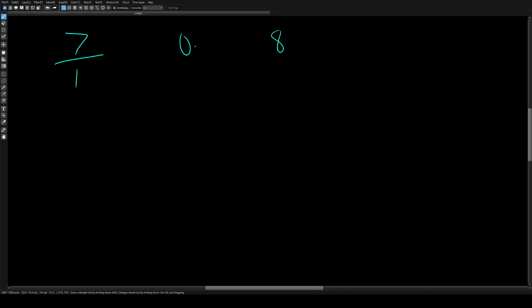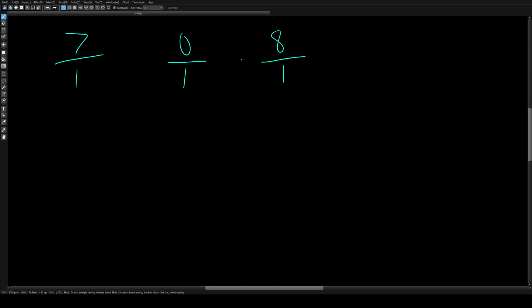The next one, 0, you still put it over 1, and it'll still be 0 because 0 divided by 1 is 0. 7, same thing: 7 divided by 1 is 7. And 8 is going to be 8 divided by 1.